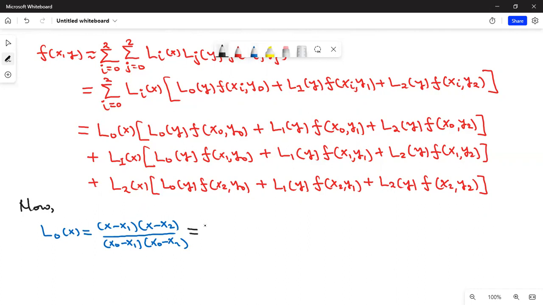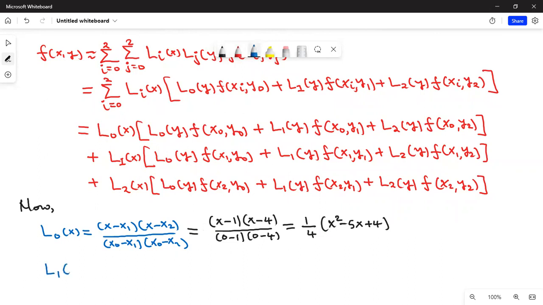So let's substitute. Do we know x1? That was 1. Do we know x2? That is 4. x0 is 0, so 0 minus 1 and 0 minus 4. When you press this in your calculator, you need to get 1 over 4 times x squared minus 5x plus 4. That is L0.